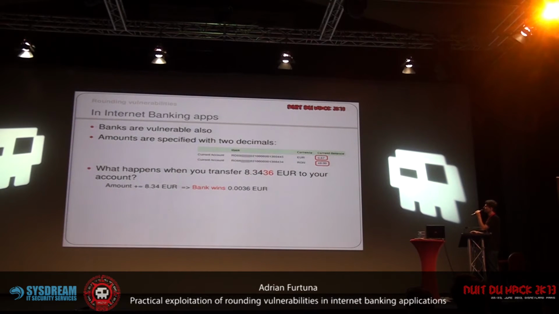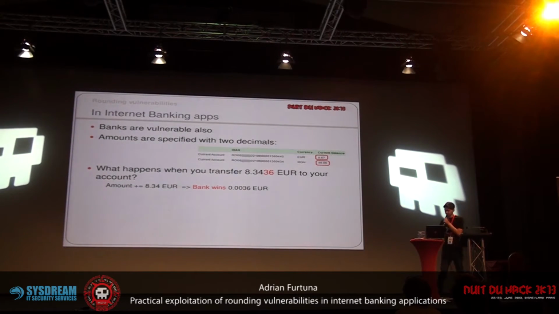So this will be rounded to 8.34 because the rounding is done to the closest value. In this case, you put this amount in your account and you end up with less. You end up with 8.34. So in this case, the bank wins 0.00336 euros.